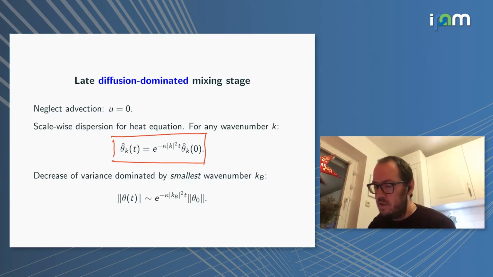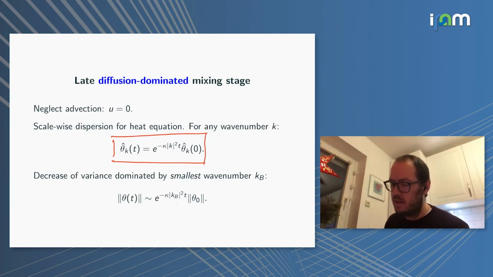And if you now suppose that there's essentially only one dominant wave number in your setting, then this is also the one at which the full L2 norm is decreasing. So if there's essentially only one wave number present, then the whole L2 norm decreases at a rate which is determined by this wave number.